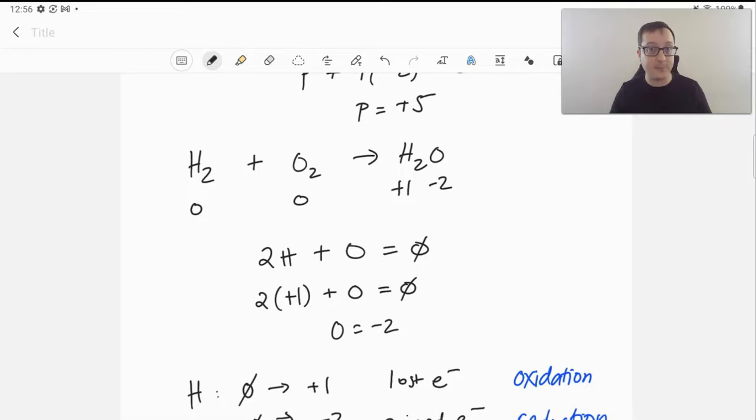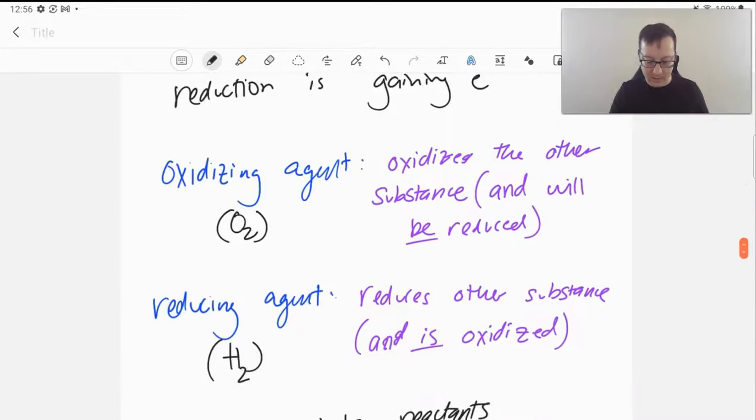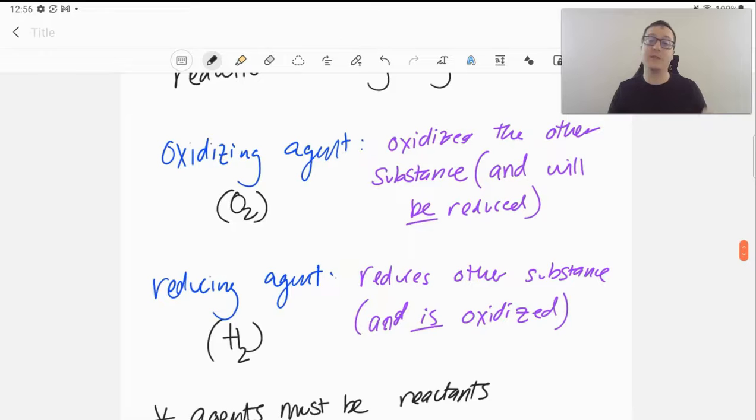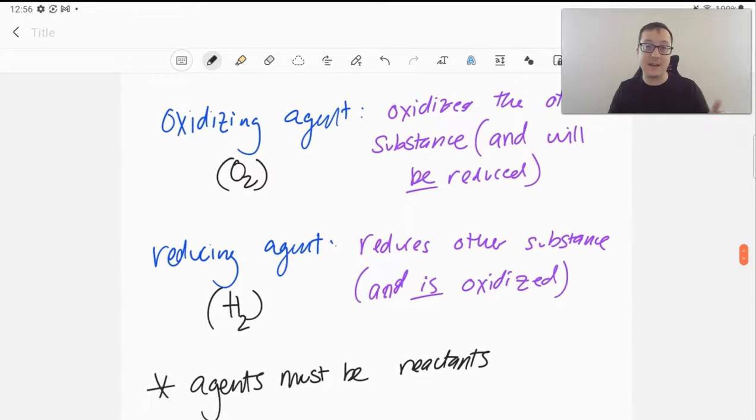That's a reactant. And so that's going to be hydrogen. And on the other side, we have the oxygen, which will be our oxidizing agent. We don't say just oxygen. We have to say the reactant that contains the oxygen that is being reduced. So in that case, that's O2, oxygen gas.